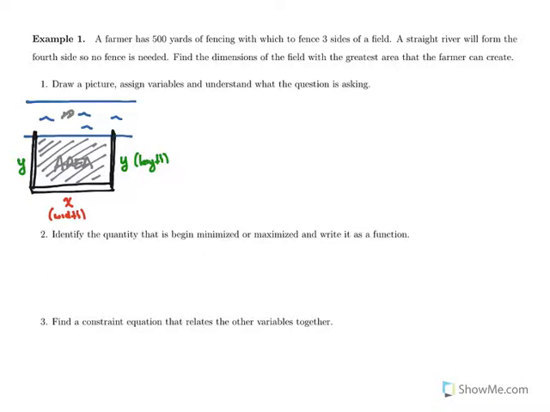So maybe for this first question as well, let's try to understand the question by drawing some pictures of some different fields we could have. Right, so maybe we have a really long and skinny area here. These are just example ideas. Maybe we have a really long and skinny fence like this.